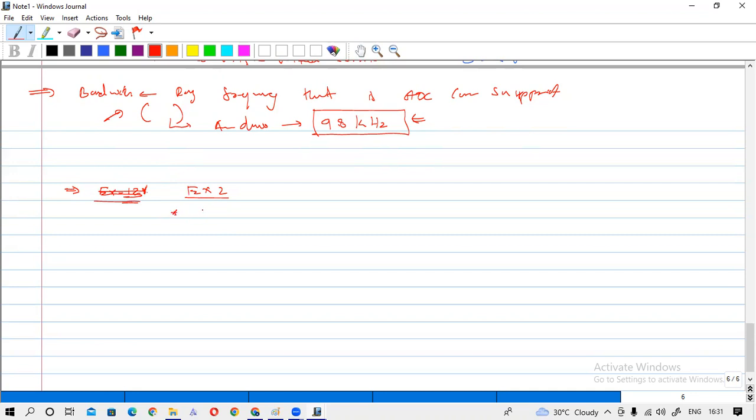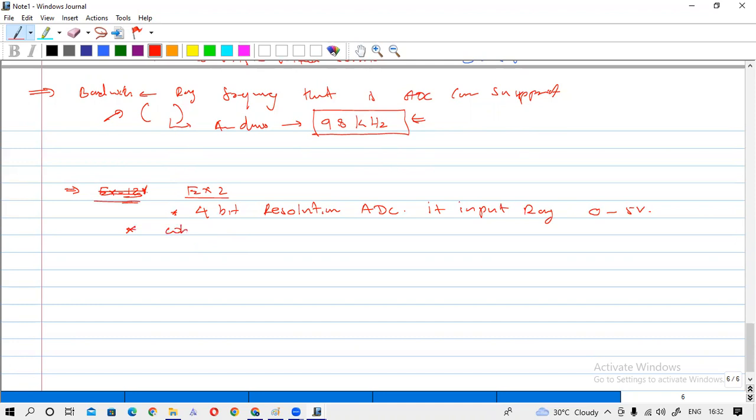You have an ADC with 4-bit resolution, and the input range is 0 to 5 volt.